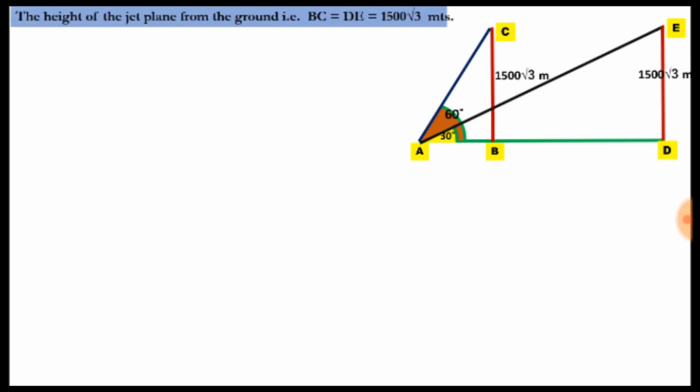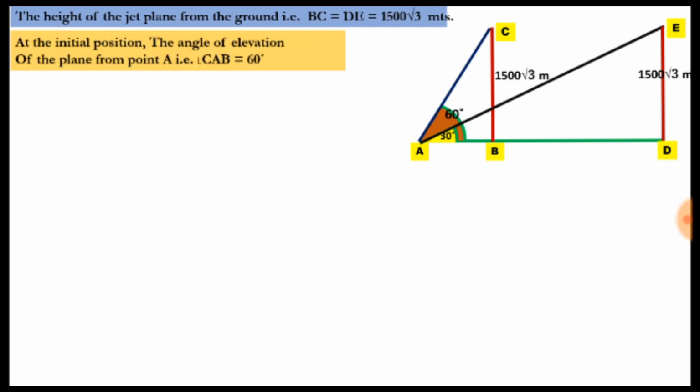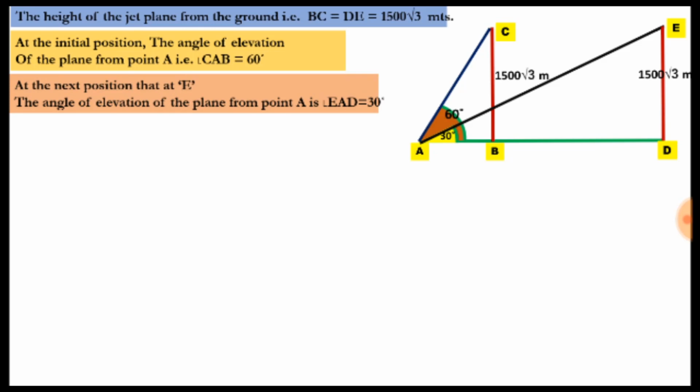Now let us write the given information first. The height of the jet plane from the ground, that is BC equals DE equals 1500 root 3 meters. At the initial position, the angle of elevation of the plane from point A, that is angle CAB, equals 60 degrees. At the next position E, the angle of elevation of the plane from point A is angle EAD equals 30 degrees.